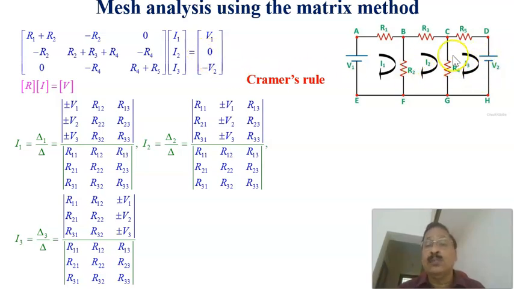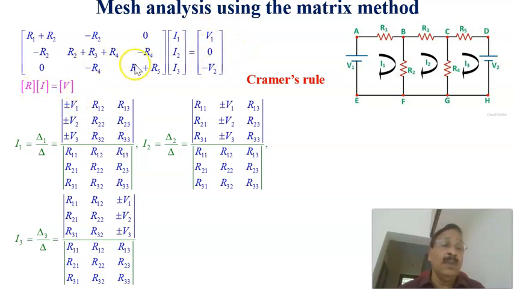And in the third loop, since the current is clockwise, here it goes plus to minus. It is a drop, that is why it is minus V2. Therefore, this is the equation: the resistance matrix R into the column current matrix I equals the column voltage matrix.